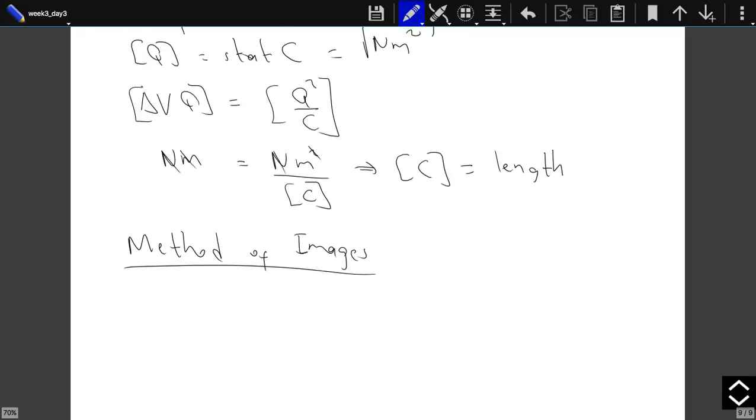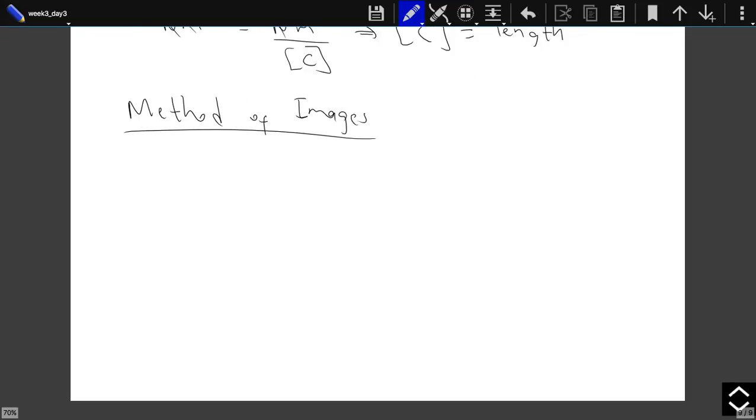Again, the method of images, in a sense, is based on the fact that the solution for a given charge configuration or charge and conductor configuration, the electric field or the potential, is unique. The potential you can shift by a constant, but the solution's electric field is unique.